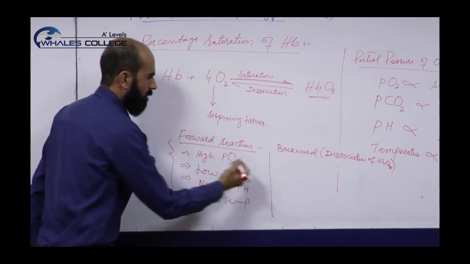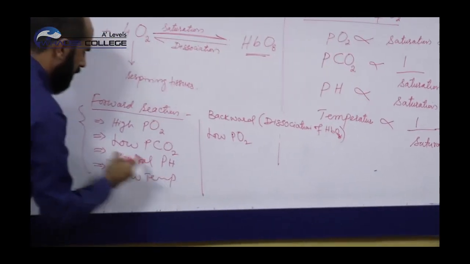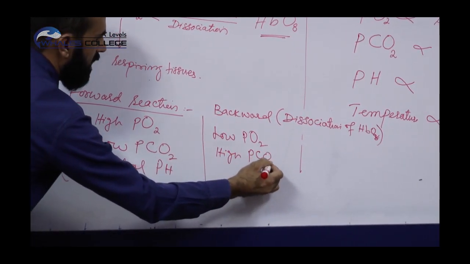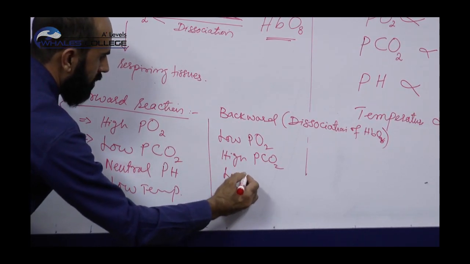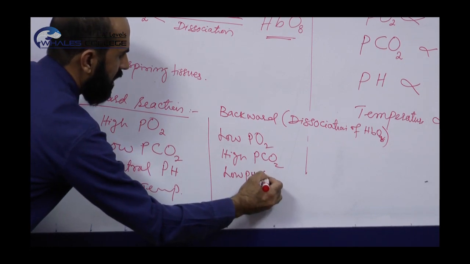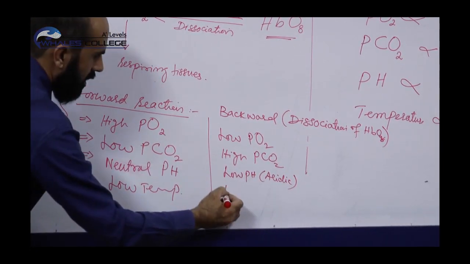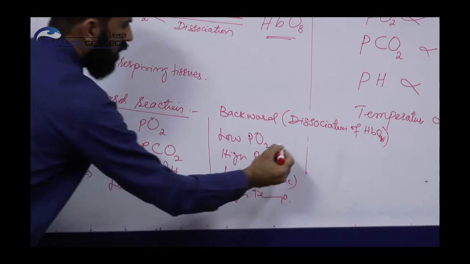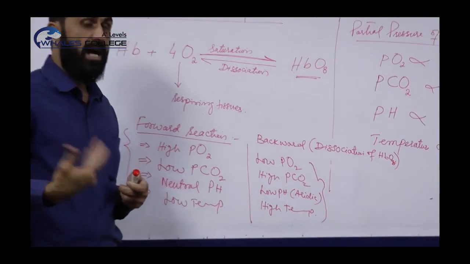So instead of high, low partial pressure of oxygen. Instead of low, high partial pressure of carbon dioxide. Instead of neutral, low pH, which means acidic environment. And instead of low temperature, high temperature. Because all these features which you can see here, where do they take place? In the respiring tissue actually.